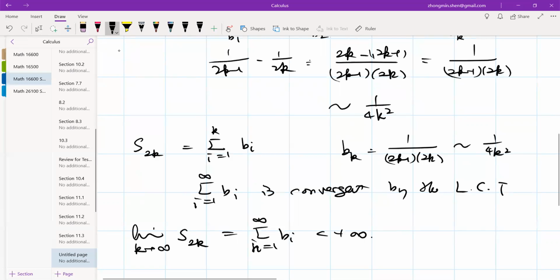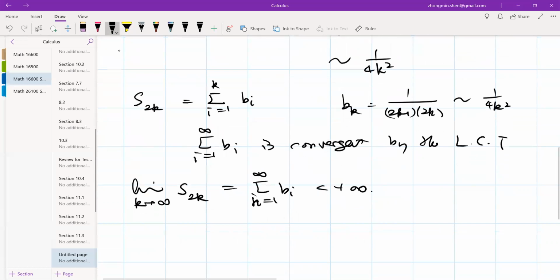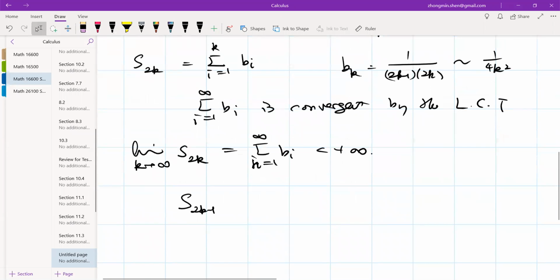So this means S_2k converges. How about S_(2k+1)? You only considered the sum of even terms from 1 to 2k, but let's add another term, 2k plus 1. S_(2k+1) is S_2k plus the last term, which is 1 over 2k plus 1, an additional term.